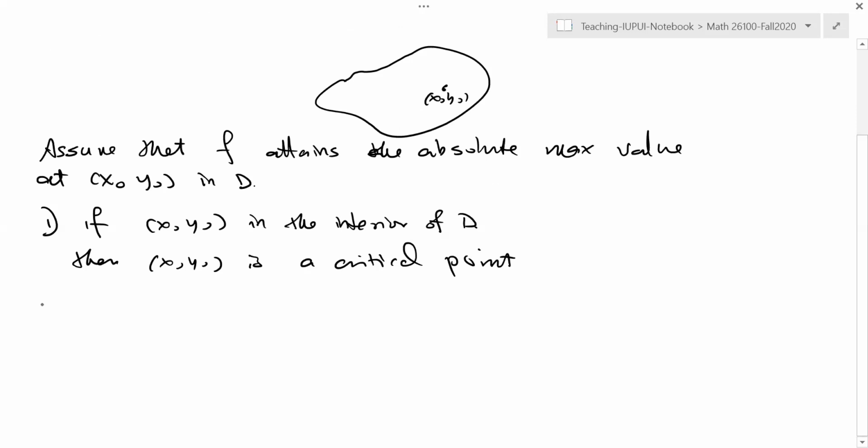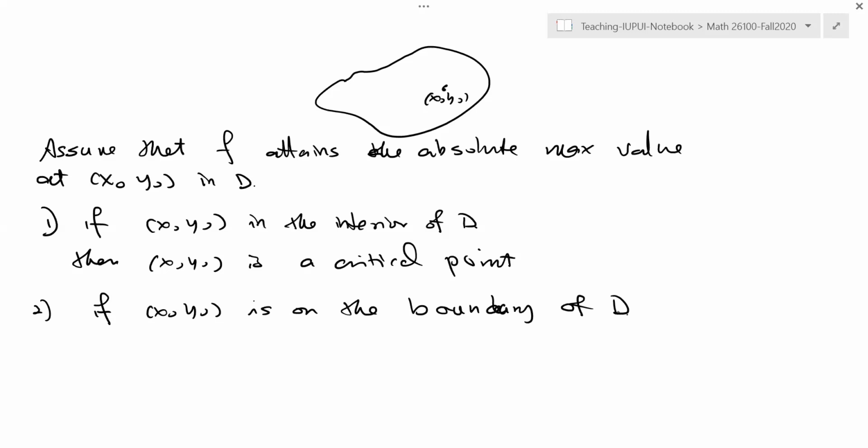The second case is if this is on the boundary of D. Then you cannot talk about derivatives, since this is right on the boundary.